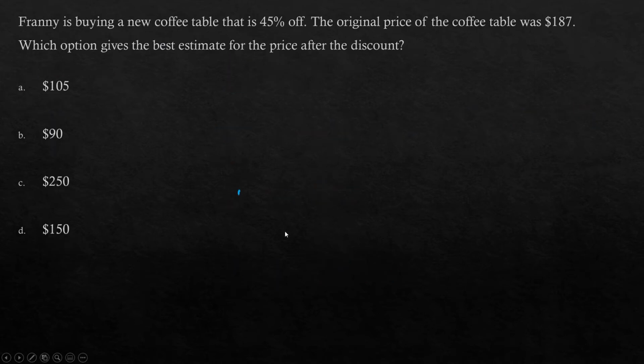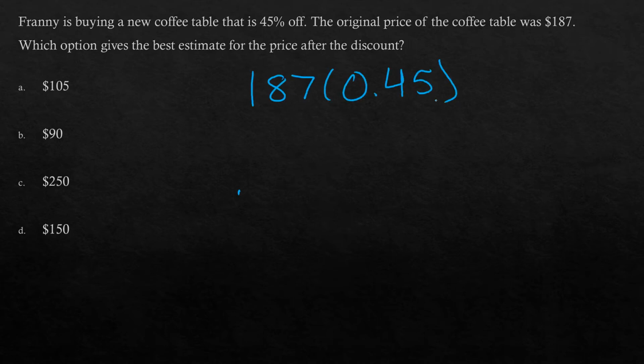Alright, Franny is buying a new coffee table that is 45% off. The original price of the coffee table was $187. Which option gives the best estimate for the price after the discount? So anytime you have a percent and a number, you want to multiply them together, but remember to change your percent to a decimal first. So I'm going to take that 187 and multiply it by 0.45. And this is going to give me $84.15, which is how much she is saving.